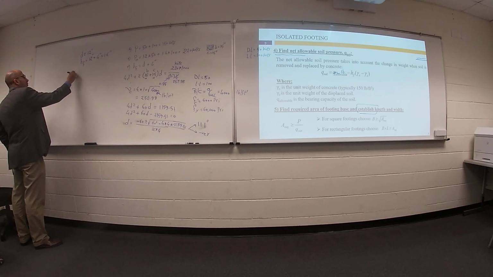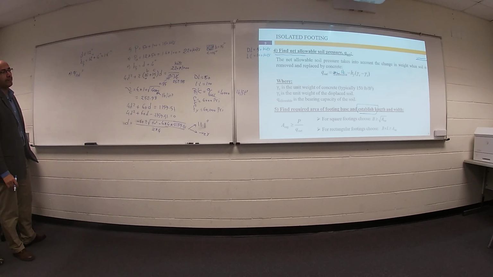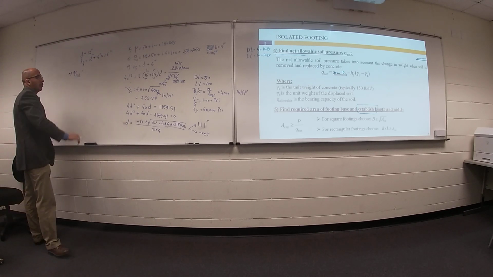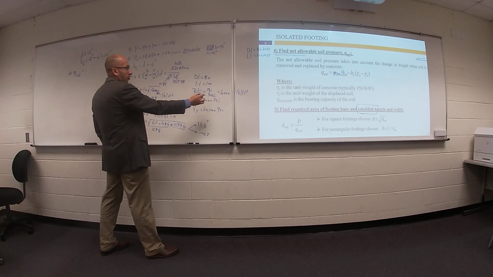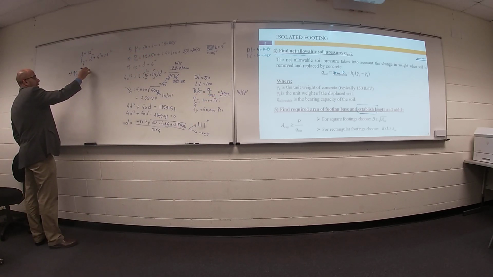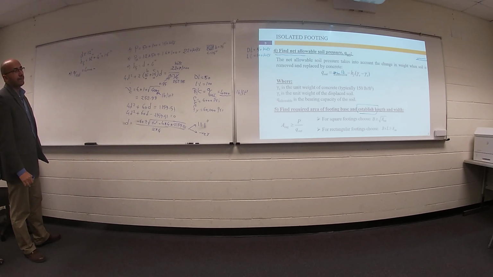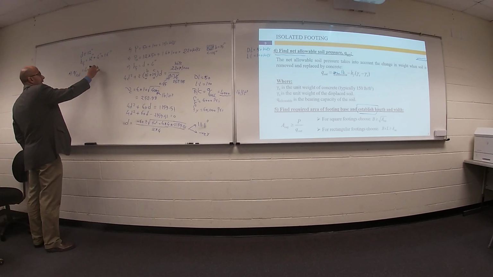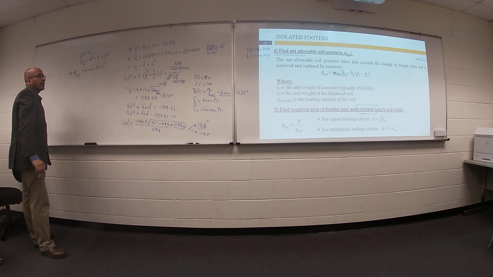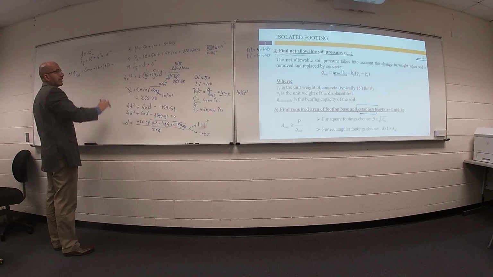What is the value of Q net? Q net equals Q allowable, which is your bearing capacity, 4,000, minus HF, 16 inch, times gamma concrete 150 minus gamma soil.